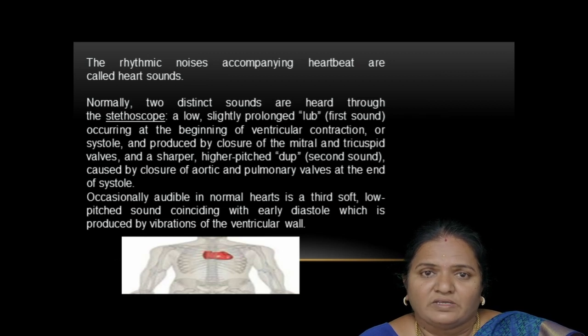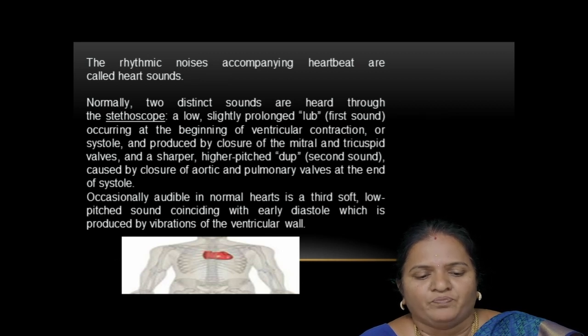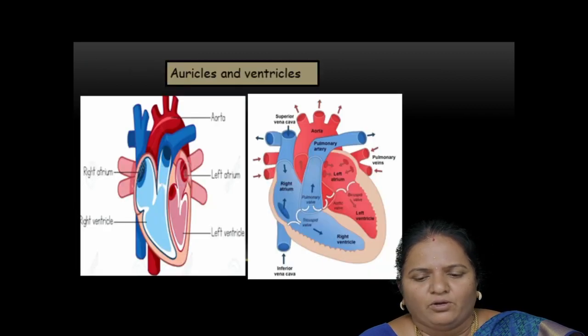The relaxation phase is known as diastole. The first sound is produced by the closure of the mitral and tricuspid valves. A sharper, higher pitched dub is due to the closure of the aortic and pulmonary valves at the end of systole, which is opposite to the diastole condition. Occasionally audible in normal hearts is a third soft, low pitched sound coinciding with early diastole, which is produced by the vibrations of the ventricular wall.